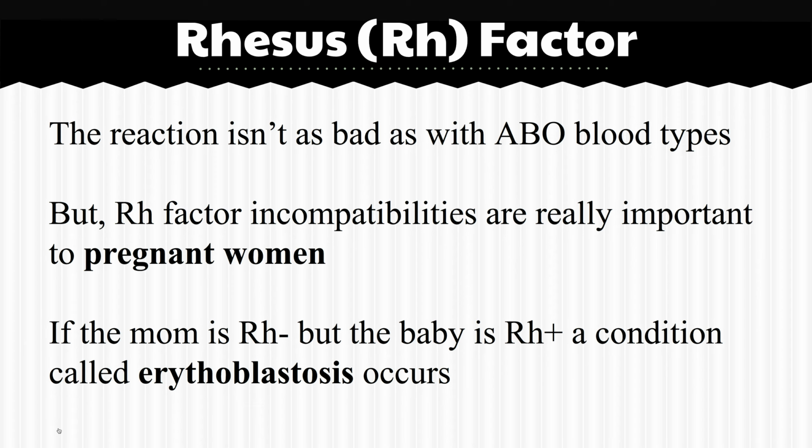If the mom is Rh negative but the baby is Rh positive, a condition called erythroblastosis occurs. That's why it's really important if you get pregnant to know your blood type. The first baby doesn't really matter, both will be fine because the blood is separated by the placenta.